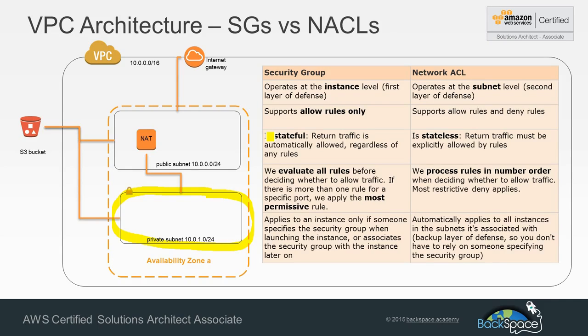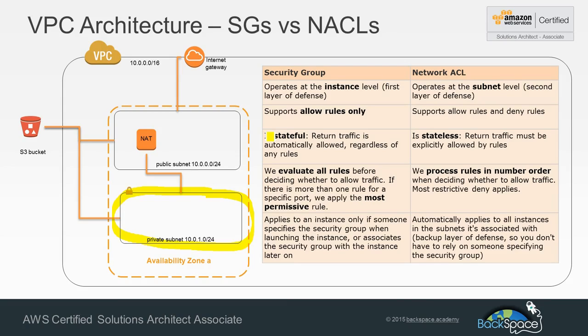If there is more than one rule for a specific rule, we apply the most permissive rule, not the most restrictive rule. So if you have a CIDR block that is more broad, the more broad and more permissive rule will prevail.